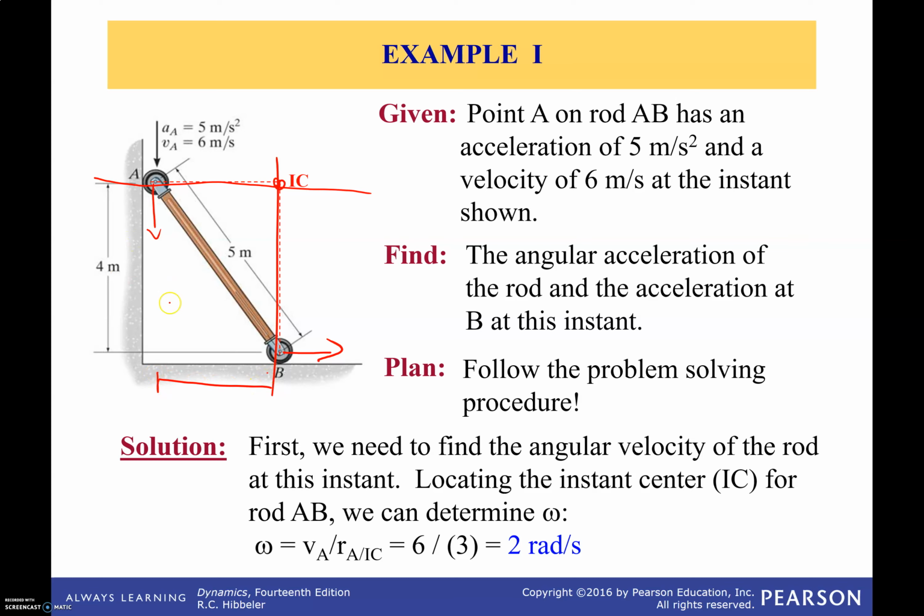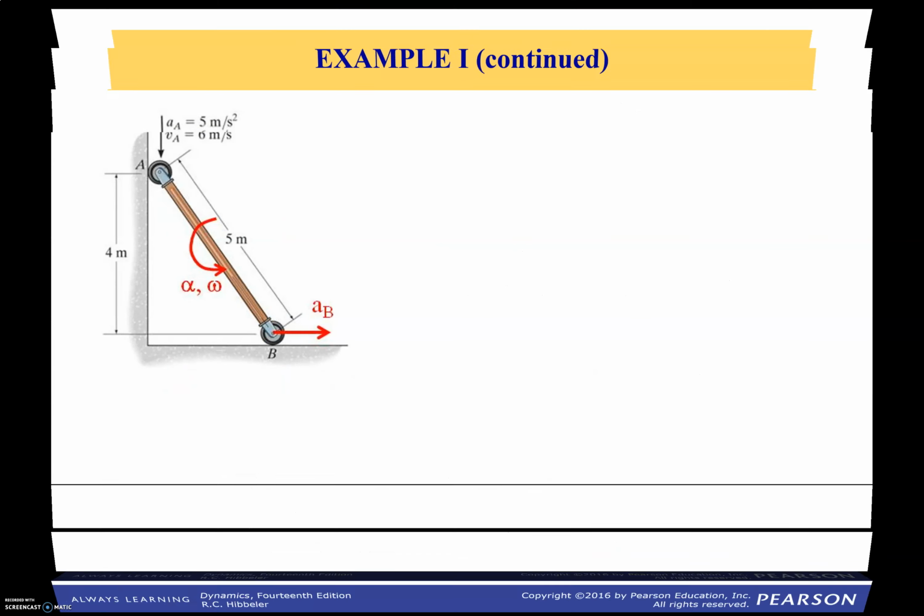This is a 5, 4, 3 triangle, so we can find from there the angular velocity, which is 2 radians per second. Sorry, I misspoke there. So we know the angular velocity now, and we need to find the angular acceleration and the acceleration of point B.